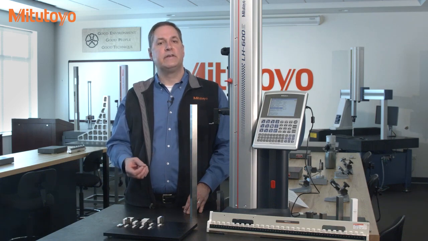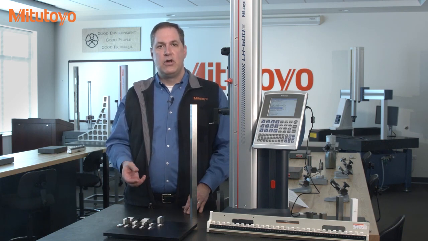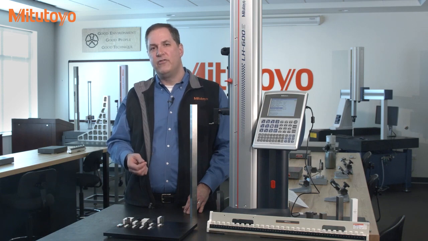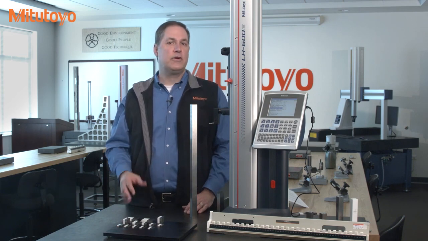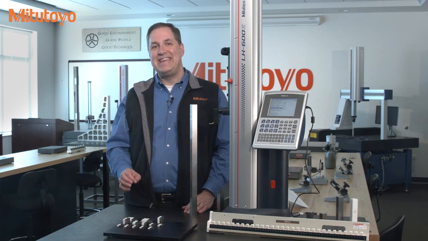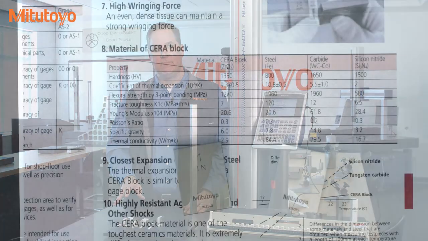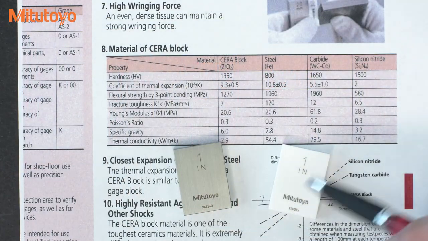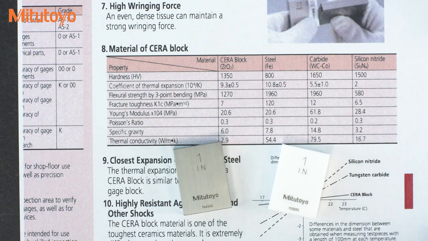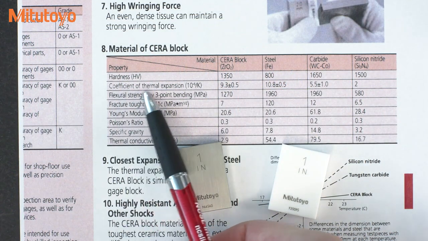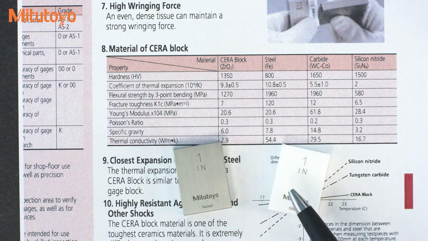All materials expand as temperature increases. Different materials expand by different amounts. You need to know what's called the coefficient of thermal expansion, or the CTE, of different materials to understand the impact. If you look in the Mitutoyo catalog, you'll see the published CTE for our gauge blocks.